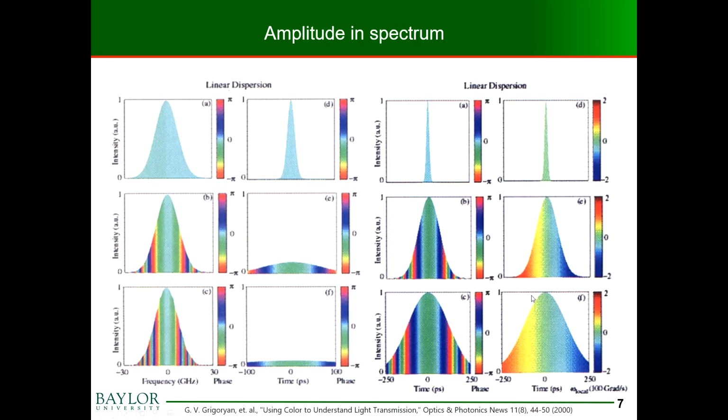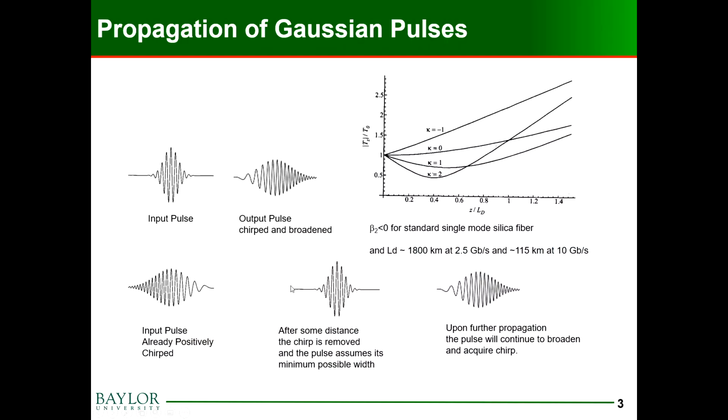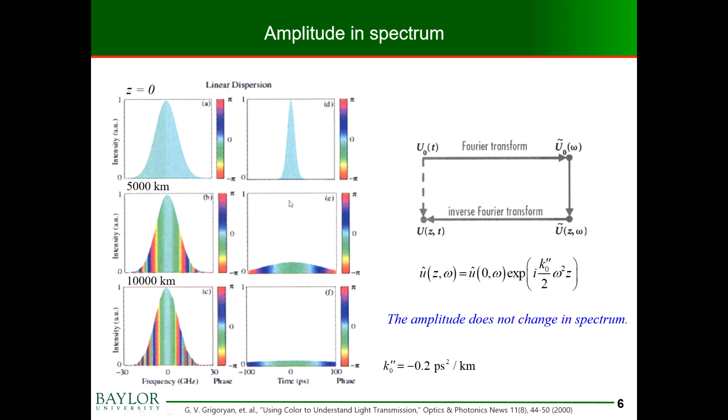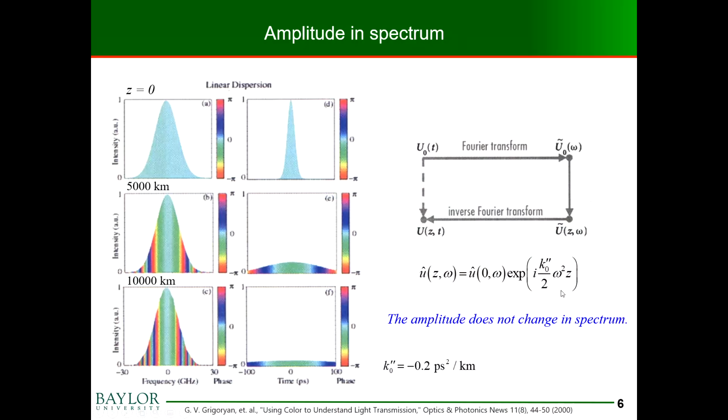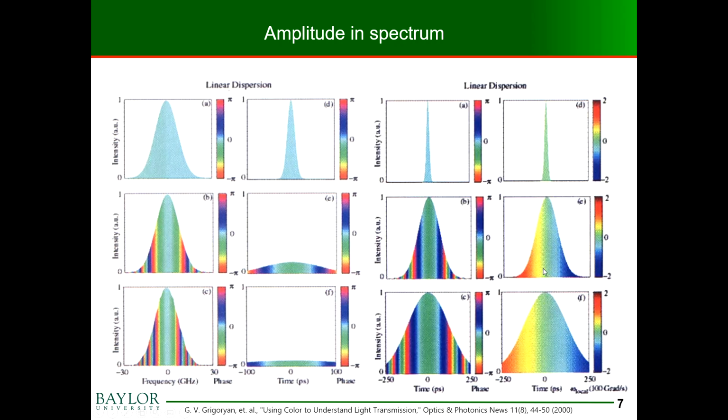So now the pulse looks like those previous ones: it has different frequency at different time. Because of what? Because of this dispersion effect, because of this term. After the Fourier transform, it effectively changed the frequency in the time domain. So this is the dispersion effect.